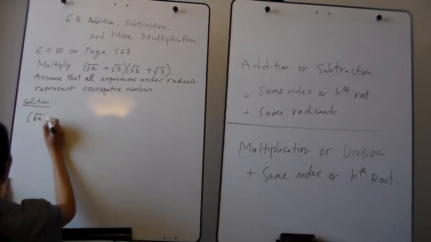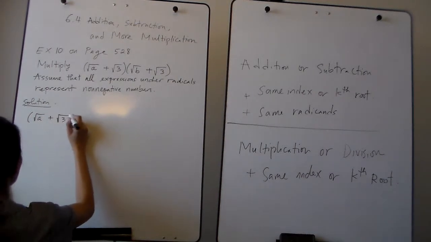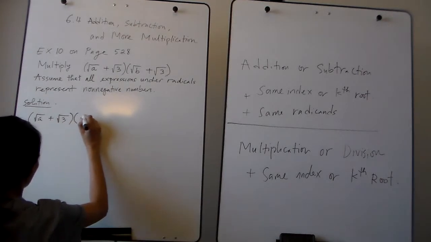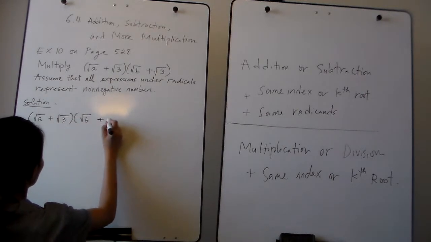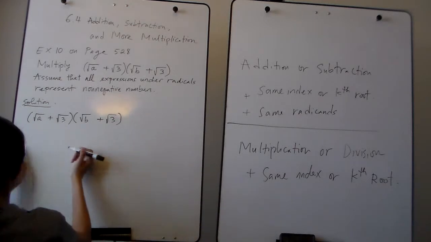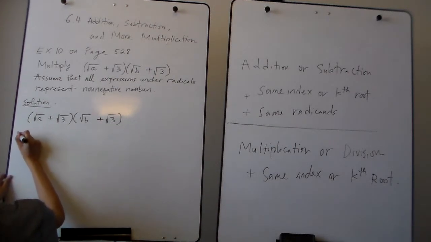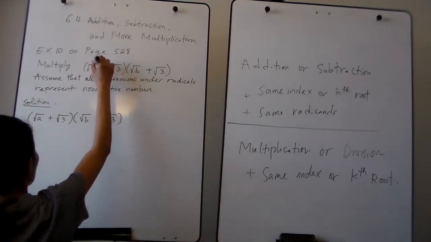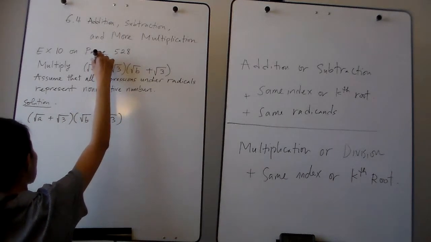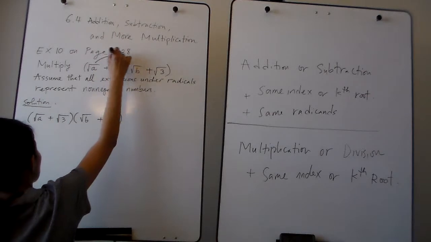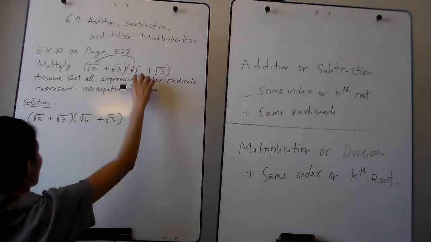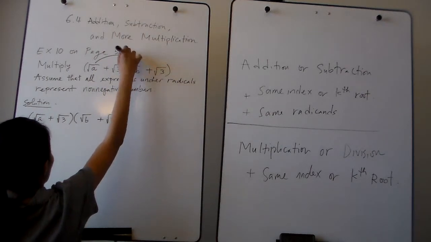Given square root of a plus square root of 3 multiplied by square root of b plus square root of 3. To multiply these two factors, we're using the FOIL method. So I'll take the first term inside the first factor and multiply it by each term inside the second factor.